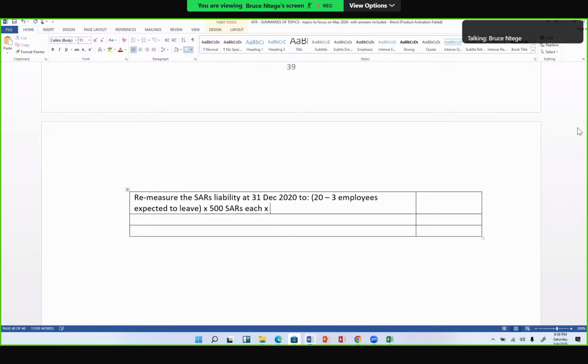But now I need a new fair value at 31st December 2020. In the information given to me, at 31st December 2020, the new fair value is 19,000 per share appreciation right. So I'll set times 19,000 per share appreciation right.